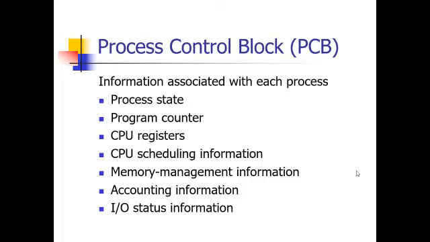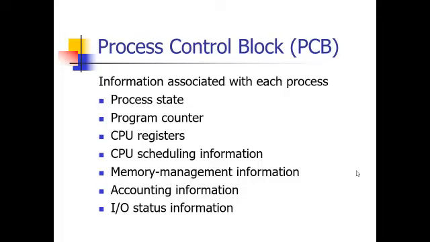Then the memory management: the amount of memory allocated, the amount of memory used, and certain variables and their values need to be stored. And the accounting information. So who are the owners of this particular process? That means the application and the users who executed this program.